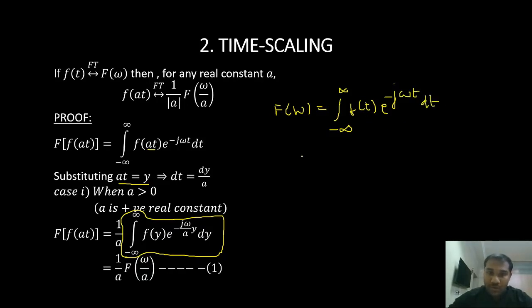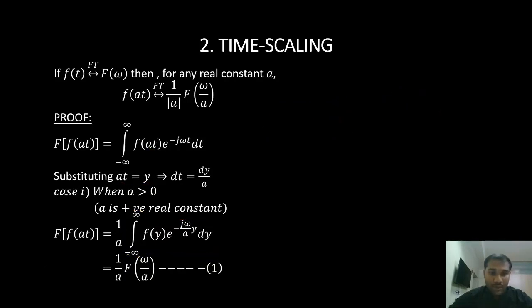If you compare these two equations, instead of t I can replace it with y, and instead of ω I have ω by a. So I can write this entire integral as F(ω by a).